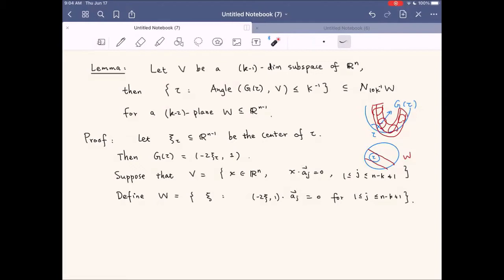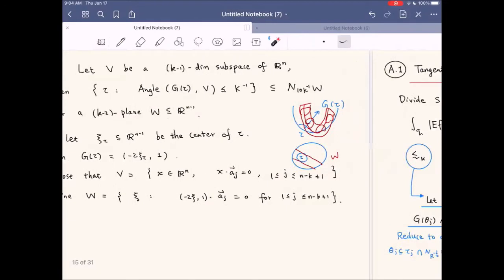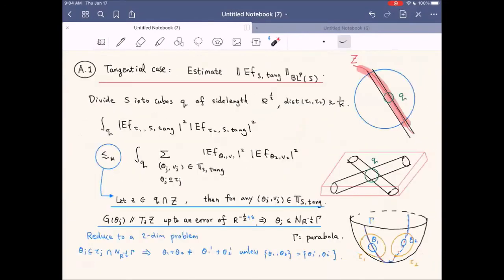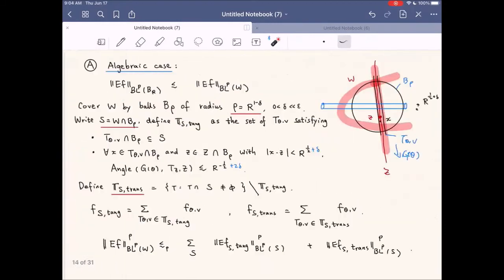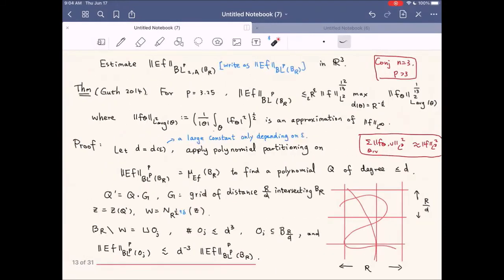Okay. Now let's go back to where we ended last time. Last time we did the polynomial partitioning. We find a polynomial, and then we define its neighborhood as W, and then the complement of W is decomposed into a union of cells.